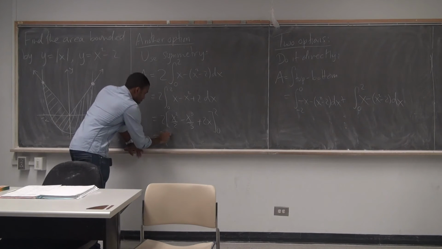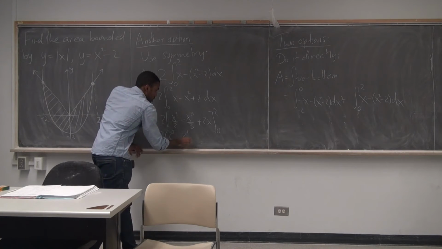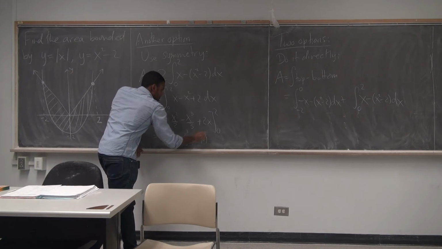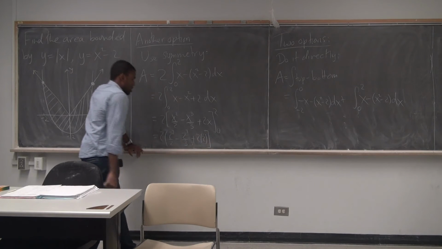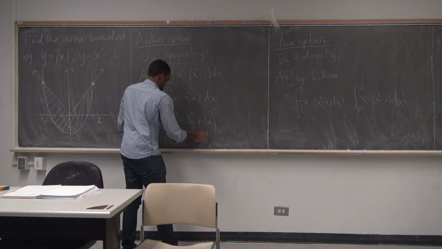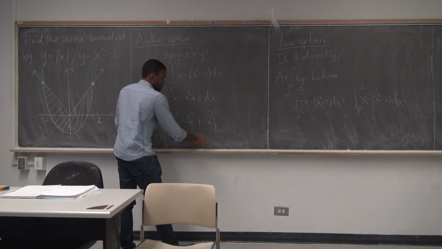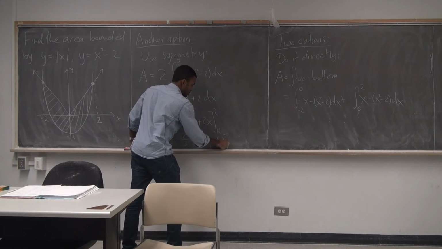Plug in 2, get 2 squared over 2 minus 2 cubed over 3 plus 2 times 2. And if you plug in 0, you get 0, minus 0.